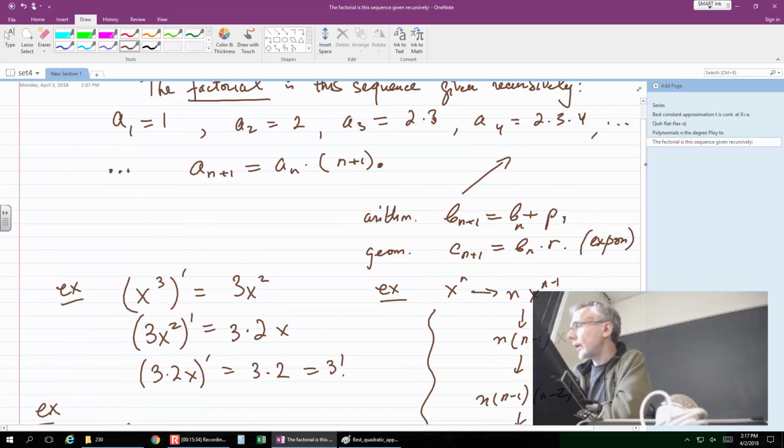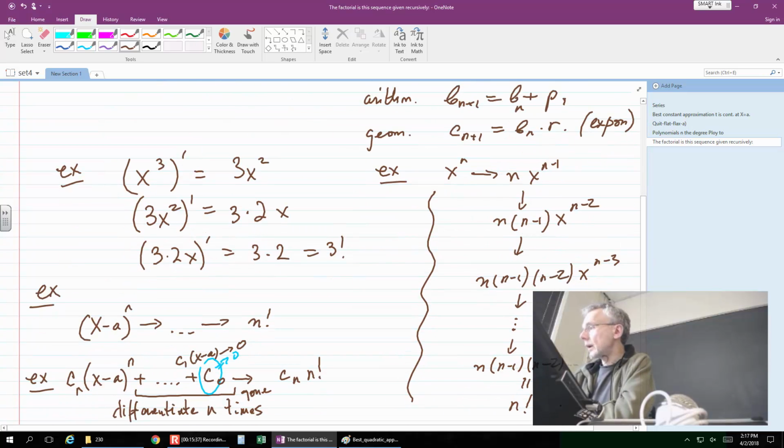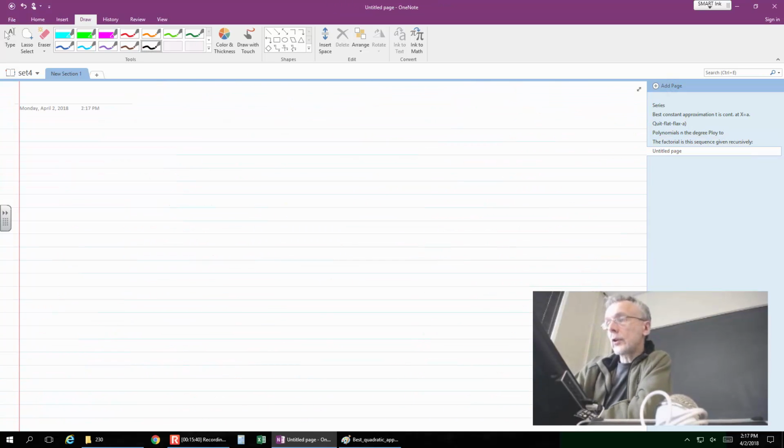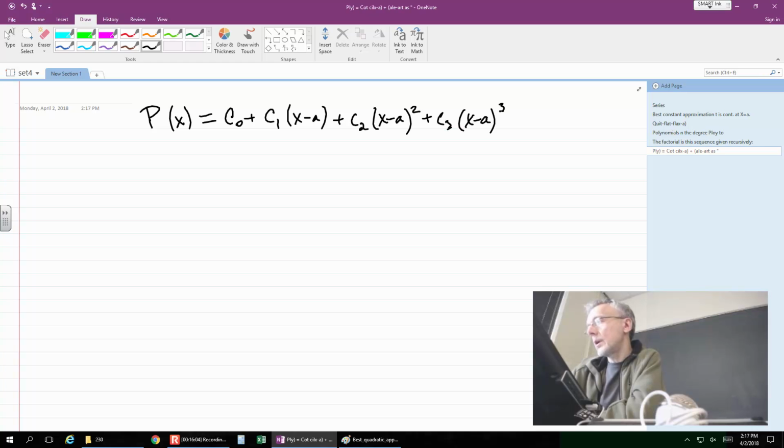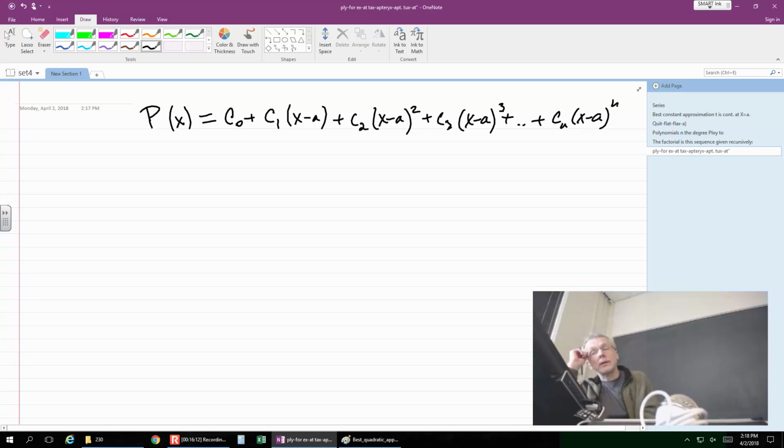So let's look at this one more time from the beginning. My polynomial is p of x centered at a: c naught plus c1 (x minus a) plus c2 (x minus a) squared plus c3 (x minus a) cubed, and the last one is c_n (x minus a)^n. Okay, and then I'm not going to be looking at the derivative as a whole.